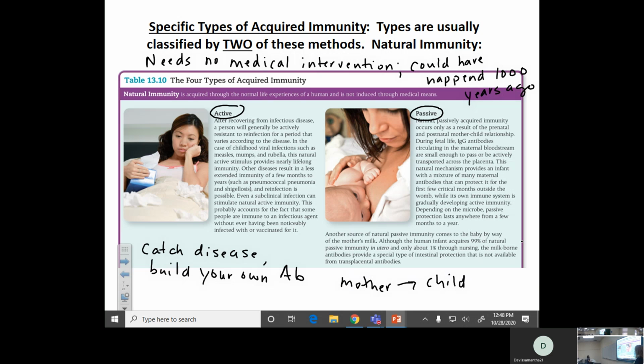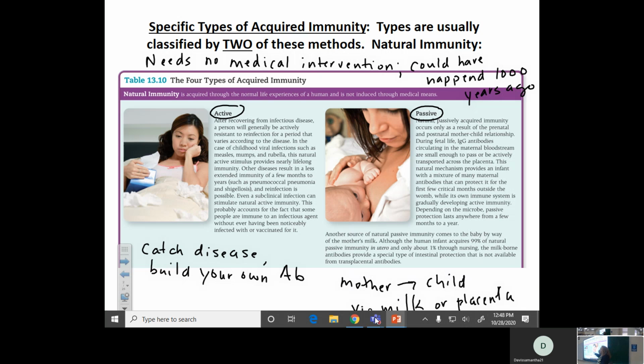The passive way is that there are mother-to-child antibodies via milk, or through the placenta. The baby can get some of the mom's antibodies through breast milk, or there's a few that can go through the placenta, mother to child.